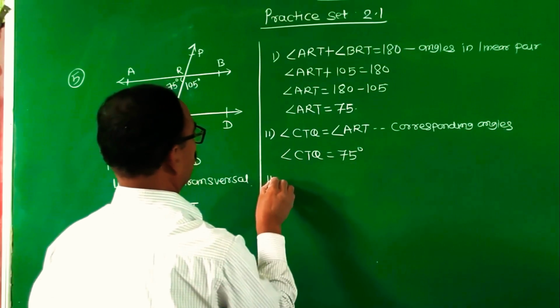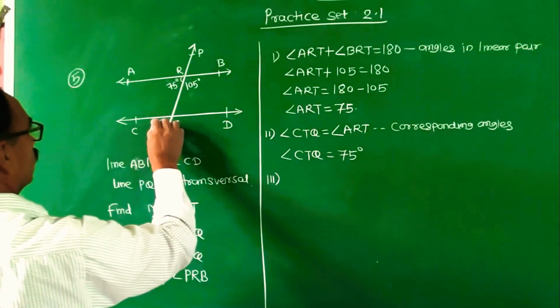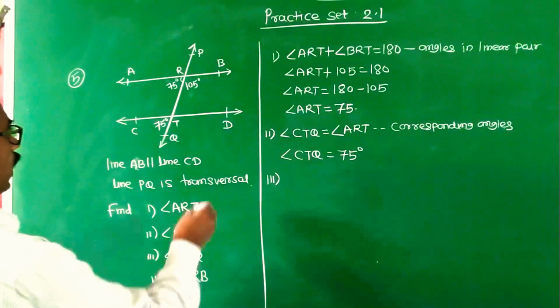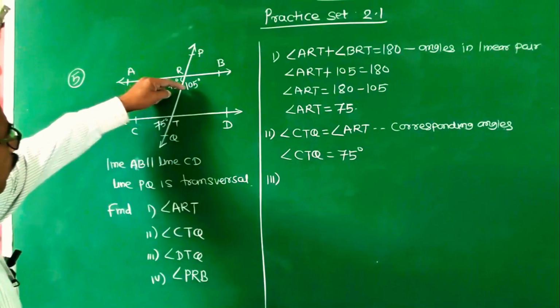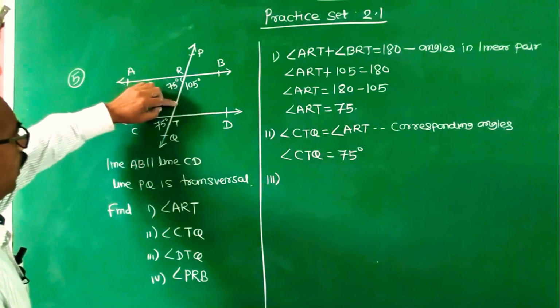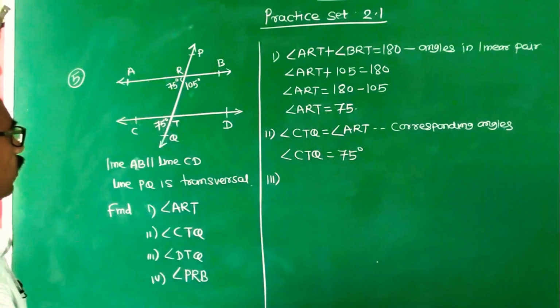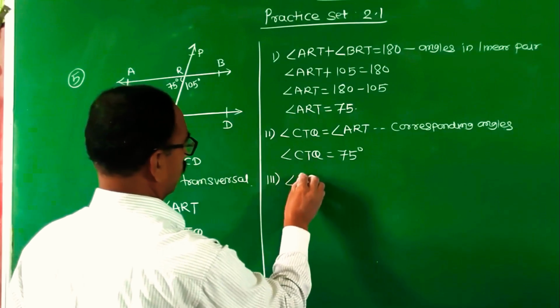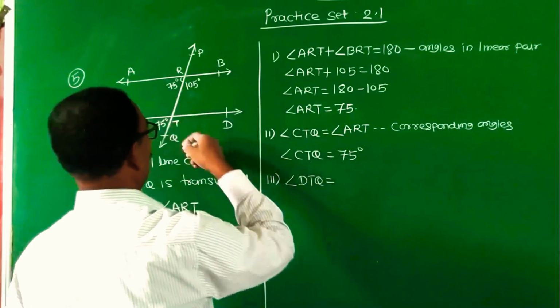So number 3, CTQ is 75 degrees. Then angle DTQ is 105 degrees because angle DTQ and BRT are equal. So angle DTQ will be equal to angle BRT.